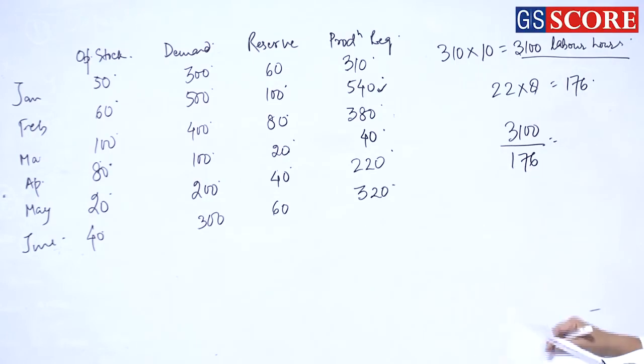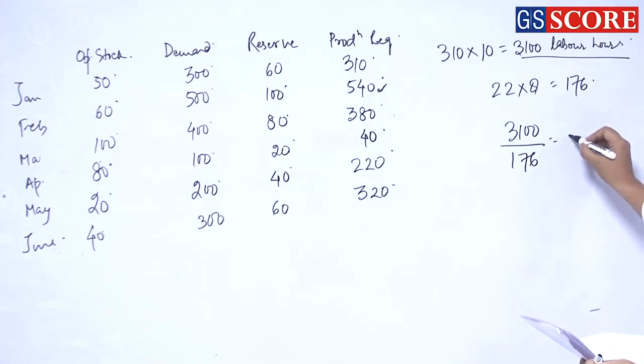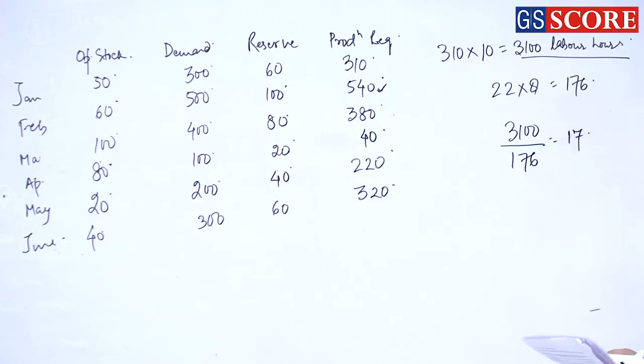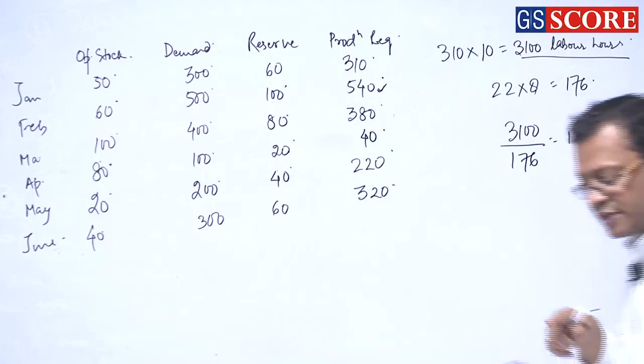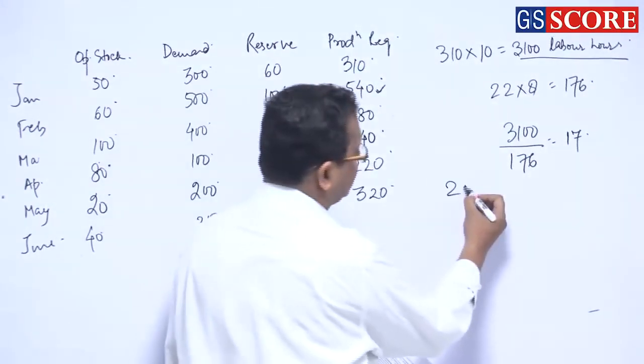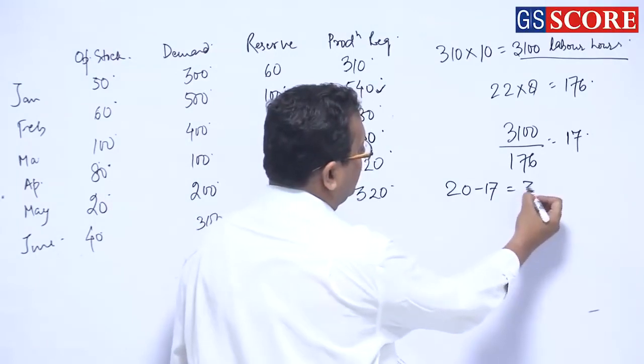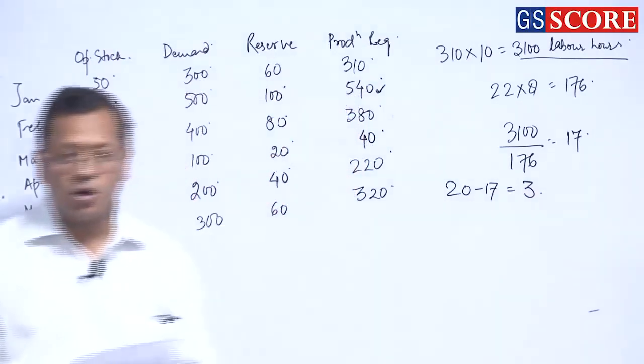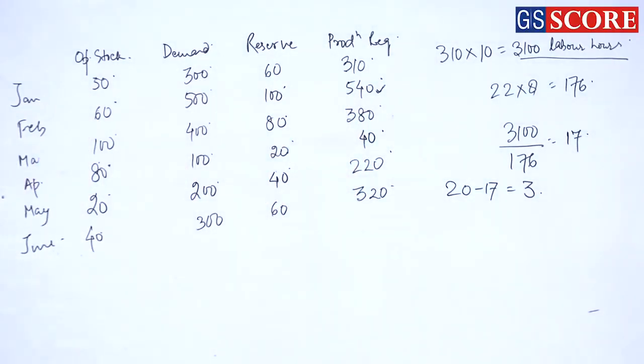It is roughly 17. Approximately 17 workers are required. But it says there are 20 workers employed currently, which means we have to lay off 20 minus 17, that is 3 workers, to accommodate the whole demand. Clear or not?